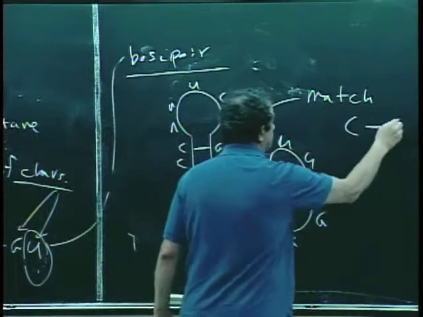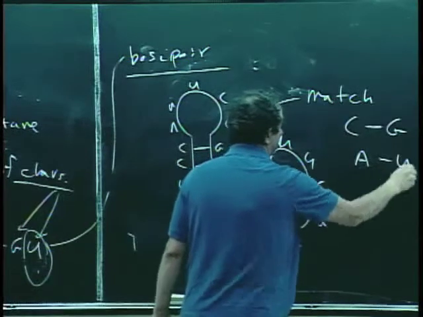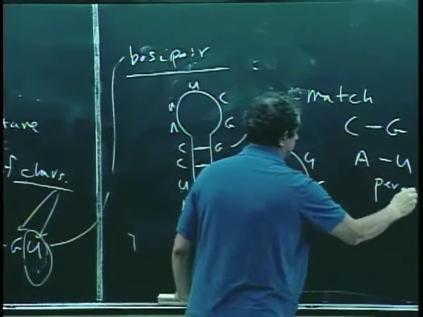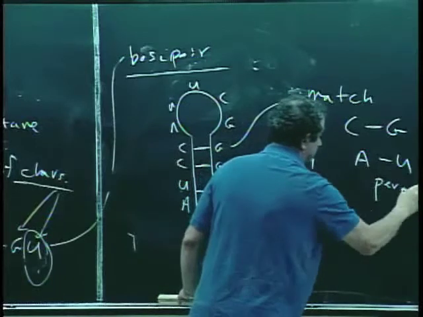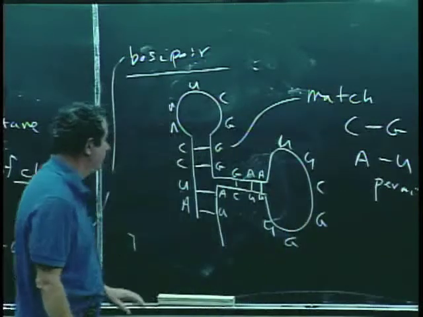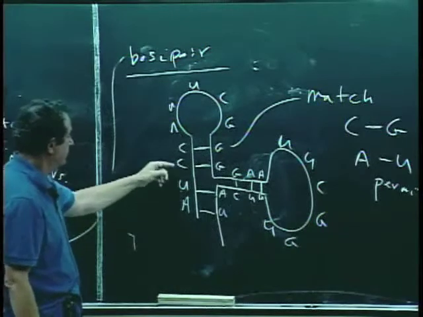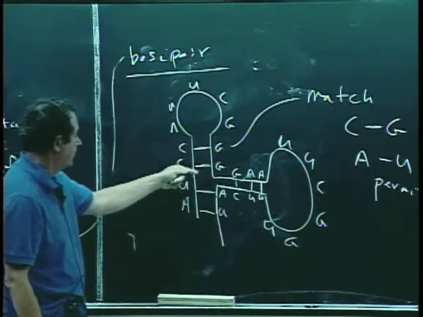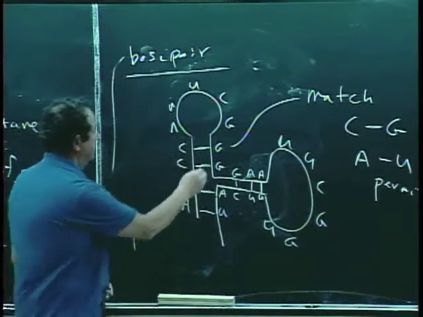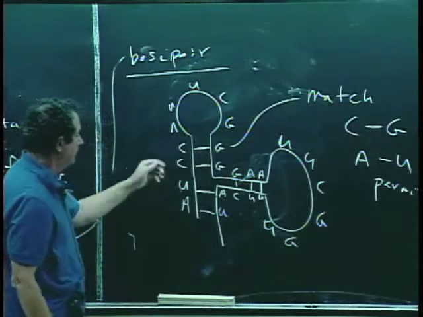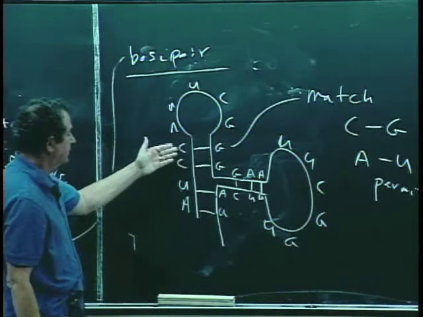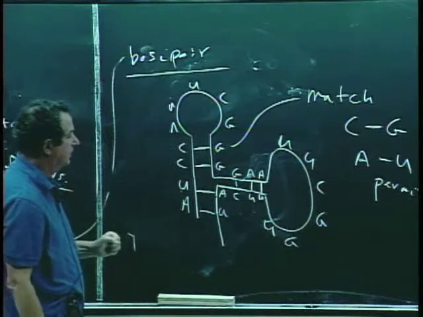So C to G, A to U are permitted. So when you look at this, you see in here some matches, where the only things that are matches are C to G and A to U.